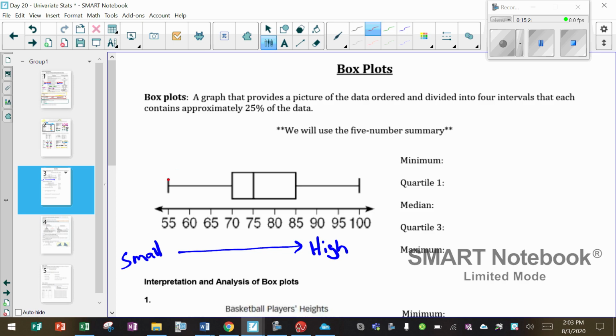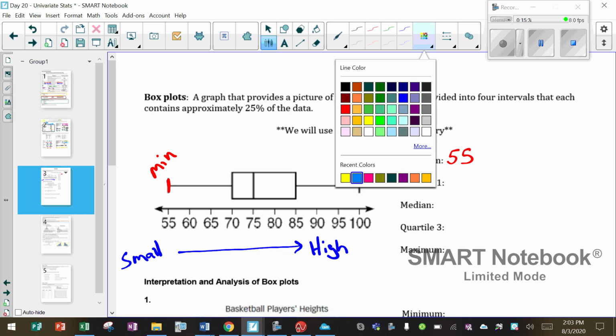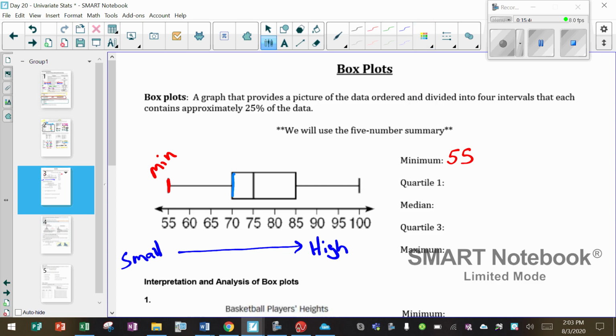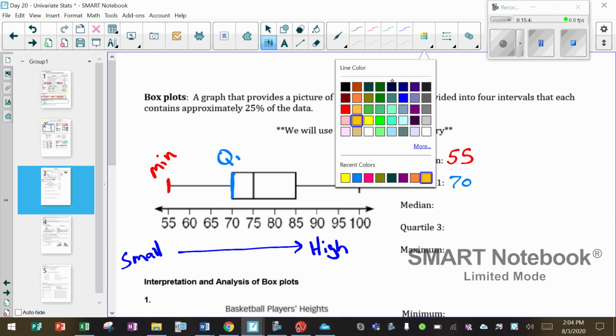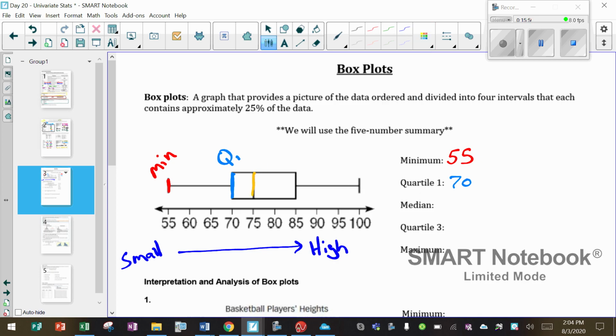So the very first line at the far left, that is your minimum value. In this case, that would be 55. The next vertical line in your box and whisker plot is the start of the box. That's going to be the lower quartile, or the Q1. So in this case, that's the 70. The next line after that, the one that's exactly in the middle, is the median.